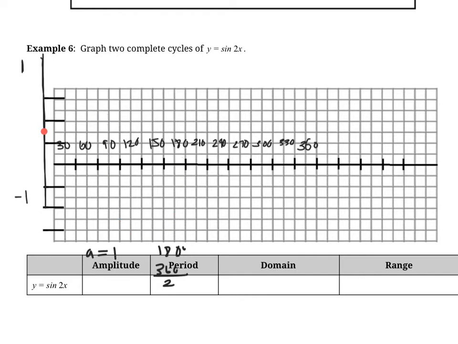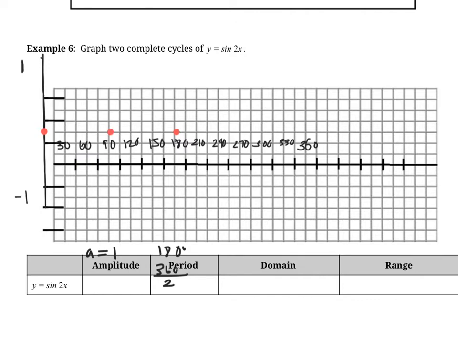So this cycle is going to end at 0, but at 180 degrees because our period is 180 degrees. So we're going to put a dot at 180. That's going to be the end of our curve. Since sine comes up and then crosses in the middle, the middle of 0 and 180 is 90, so we can put a dot at 90.